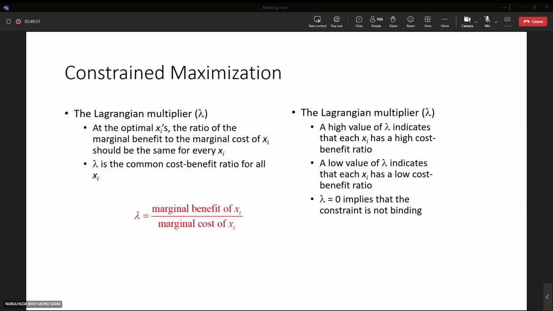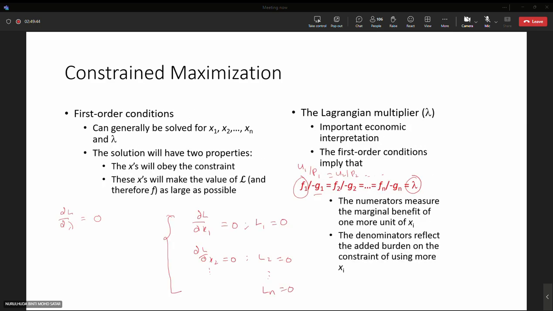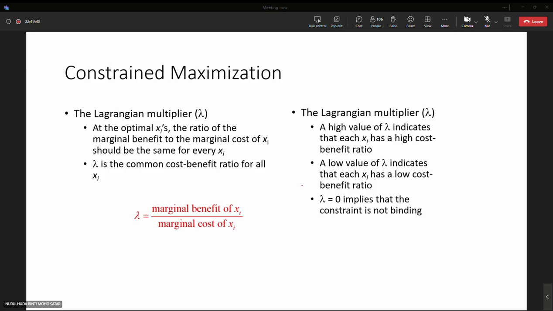At the optimal X, the ratio of marginal benefit to marginal cost should be the same for every Xi, just like the conditions that we have here. And lambda is the common cost-benefit ratio for all of the X's.